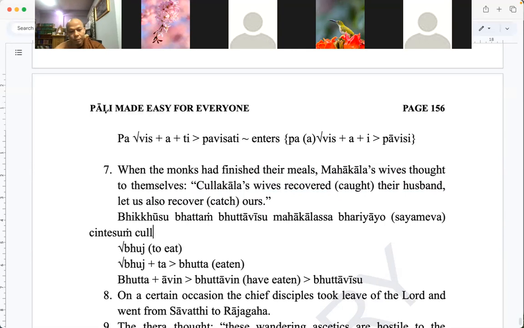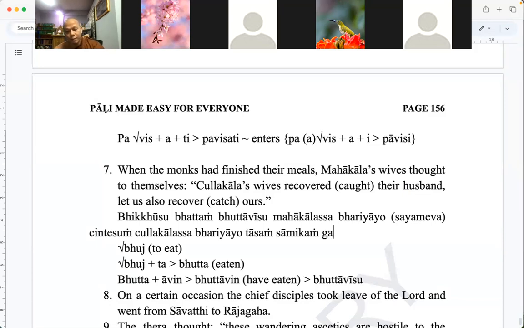Now Chula Kalasa or Bariyayo. Catch or recover means Ganadi. This "their husband" is actually referring to the wives. Wife is feminine gender. That is why da son. Husband is Sami or Samika. Da son Sami.